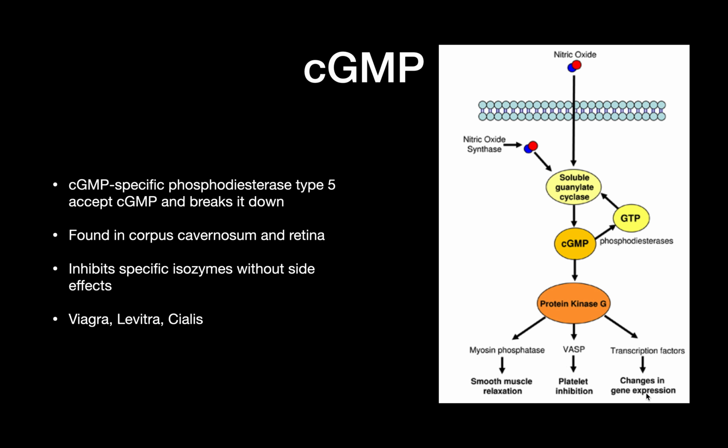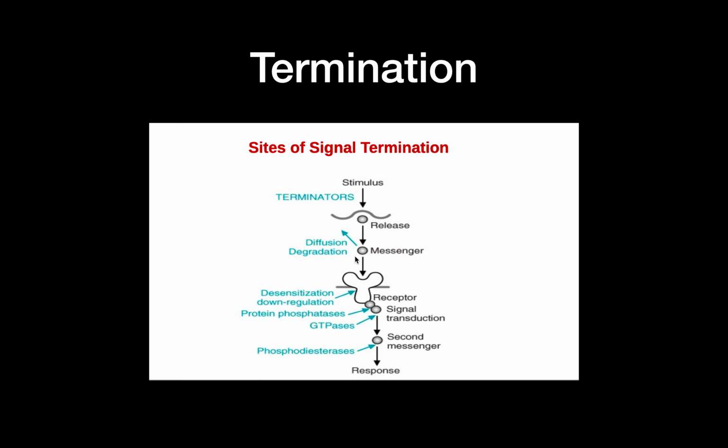So these are the sites of signal termination. So stimulus occurs, the terminator is released, and the messenger will diffuse or degrade, and then once bound to the receptor, desensitization down regulation will occur by dephosphorylating products, and GTPases will help the signal transduce into the second messenger system, and then the phosphodiesterases will also help with the termination response.